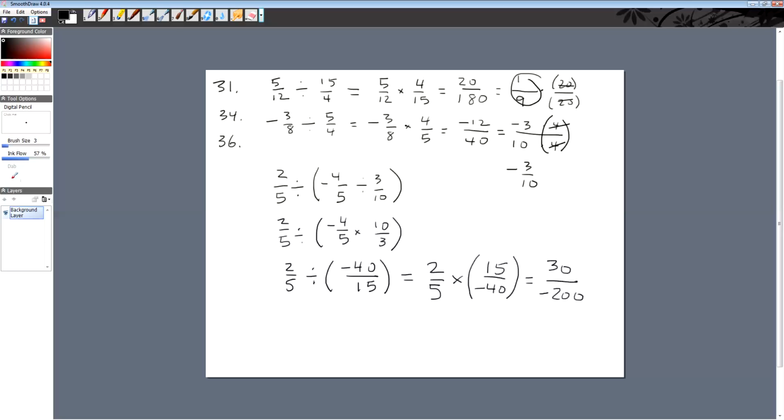Both of these are divisible by 10, so we're getting 3/-20. And then, again, if you have 3/-20, that's a negative number. 3/-20 is the same as -3/20. They're all the same.